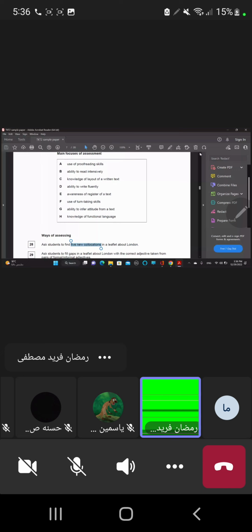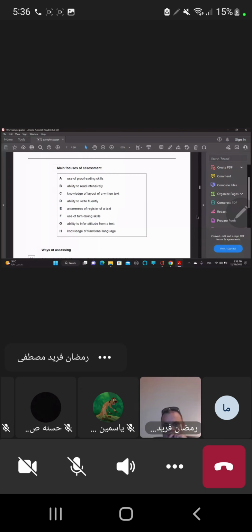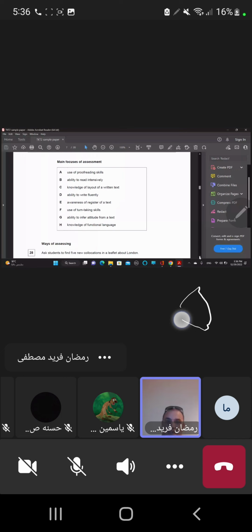Which aim here? Okay, main focus of assessment. I think B. Take your time. B, ability to read intensively.